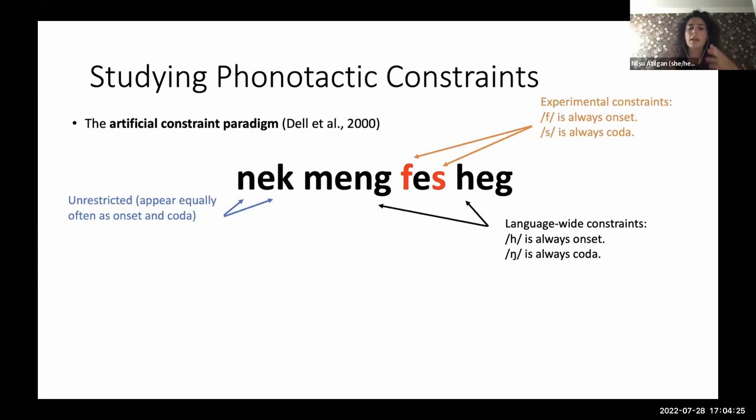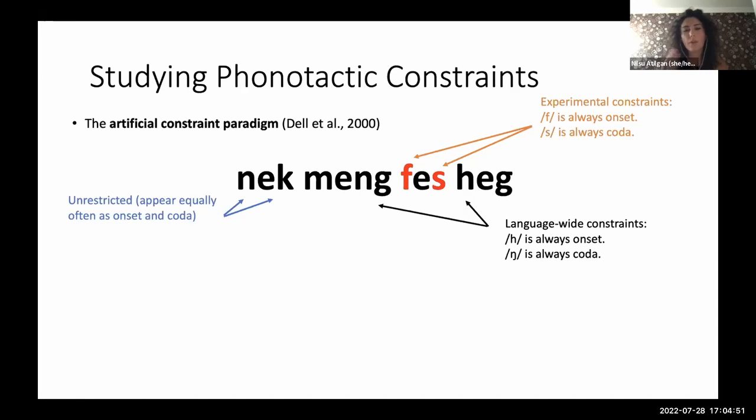Participants saw these sequences and recited them. The experimenters recorded their speech and looked at their speech errors, which were coded as either legal or illegal. If a consonant moved while preserving its syllabic position, like moving from one onset position to another onset position, that error was coded as legal.